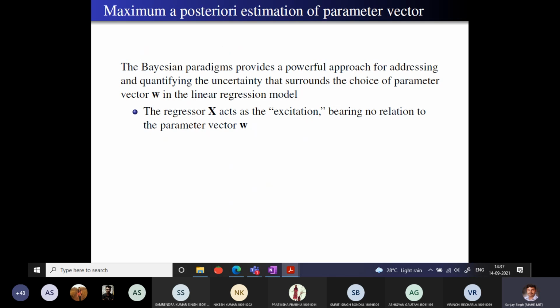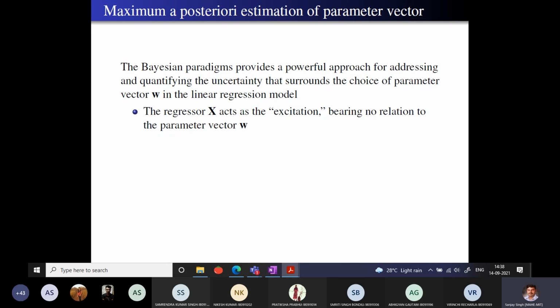So there is a concept. When we apply this Bayesian approach, there is something called maximum a posteriori estimation of the parameter vector, in short called MAP. There is also something called MLE, that is maximum likelihood estimate. That is one approach, and MAP is another approach.